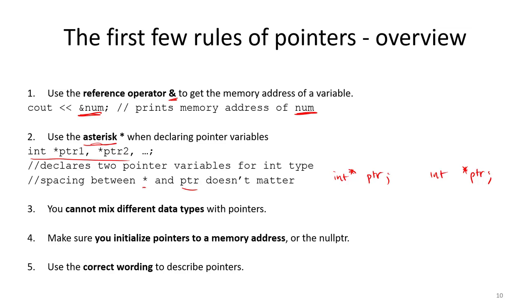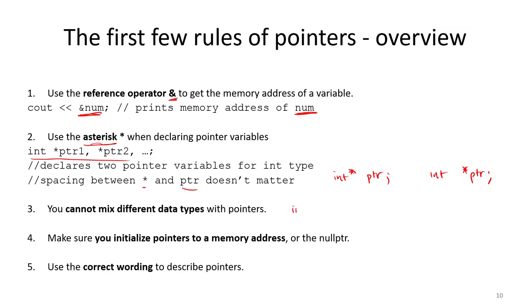Next is rule number 3. You can't mix different data types with pointers. So whatever you declare your pointer as, that pointer can only store memory addresses of its given type.